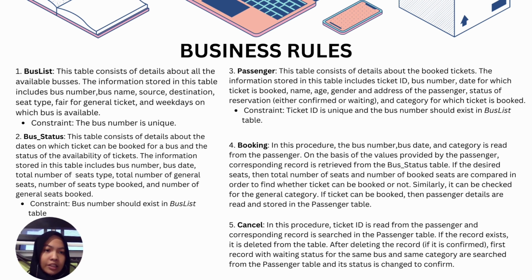If the desired seats, the total number of seats and number of booked seats are compared in order to find whether the ticket can be booked or not. Similarly, it can be checked for the general category. If the ticket can be booked, the passenger details are read and stored in the passenger table.